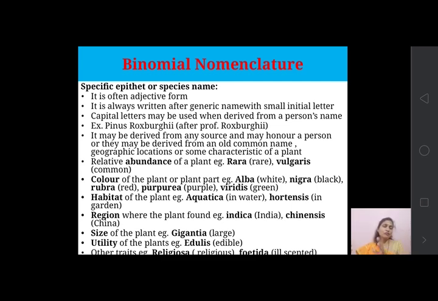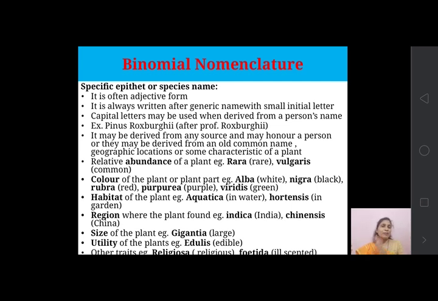So first is the generic name, and the species name is the second name, written after it, and it always starts with a small initial letter. It is the opposite of the generic name, which always starts with a capital letter.